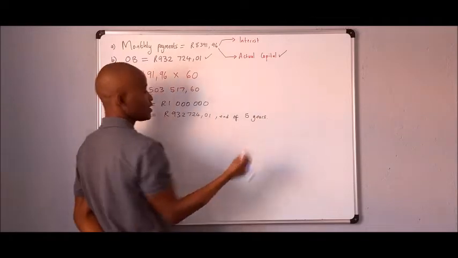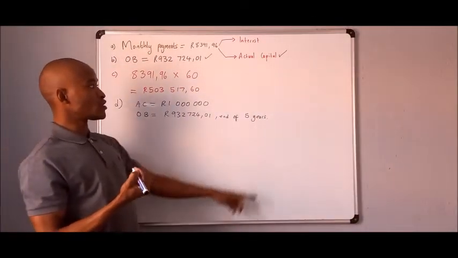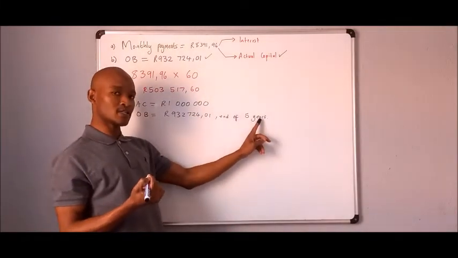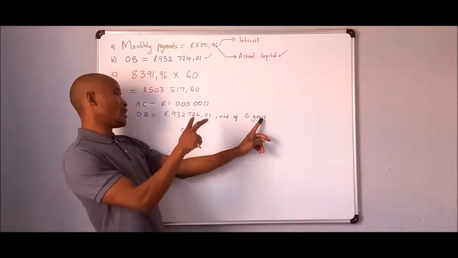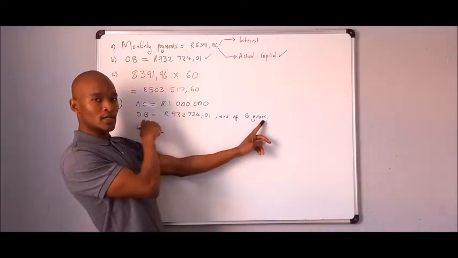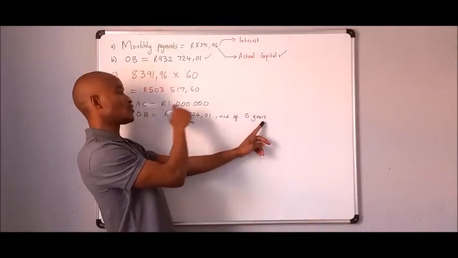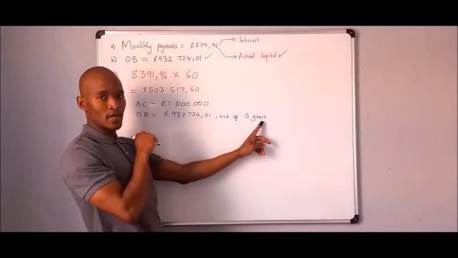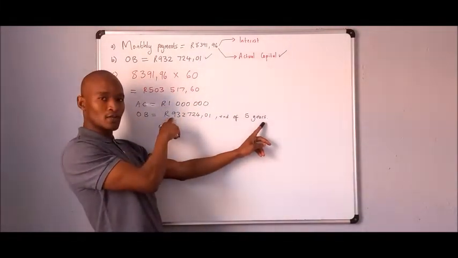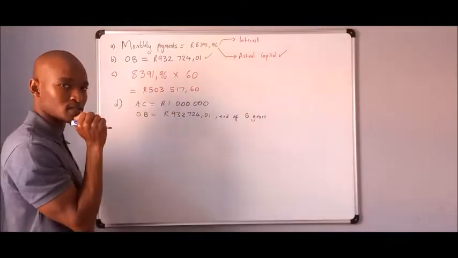The question is now asking you to calculate how much of the actual capital was paid off at the end of 5 years. We know that the person still owes this much. This is the outstanding balance at the end of 5 years, and the actual capital of the loan is 1 million rands. So the difference of the two gives you what was paid off from the actual capital.